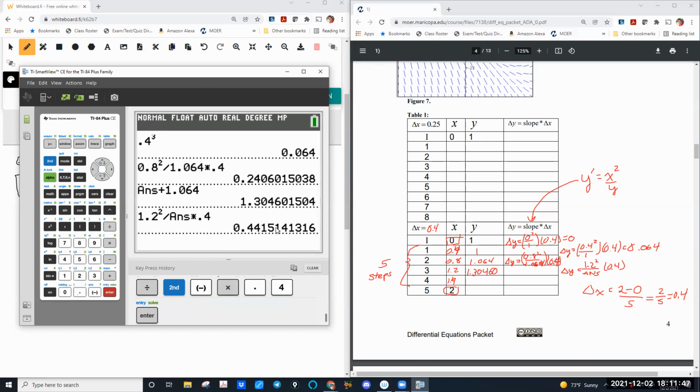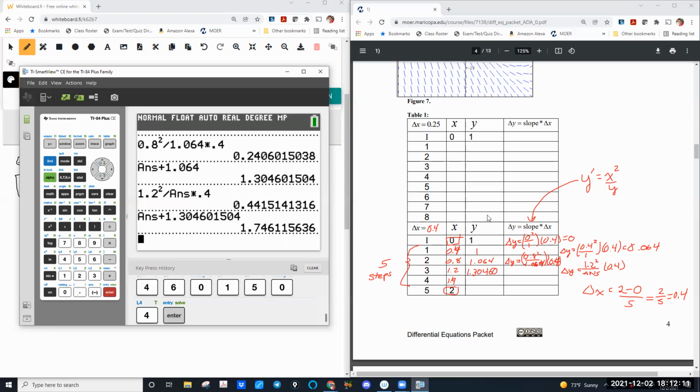There's my new delta y. That's going to get added to 1 point. And I probably could have just put the plus answer here and had it done all for me. I'll show you what I mean in the next step. 1.304601504. So there's this y.